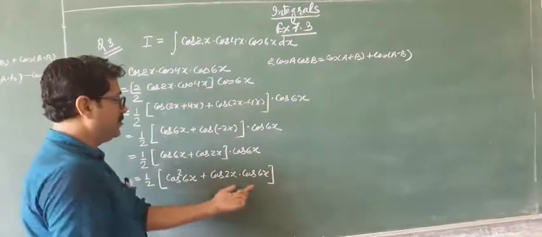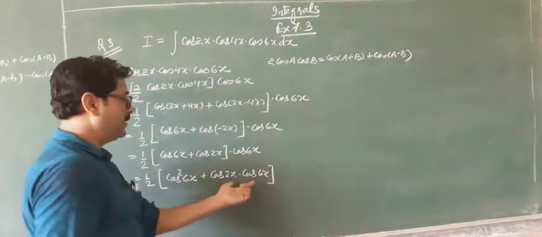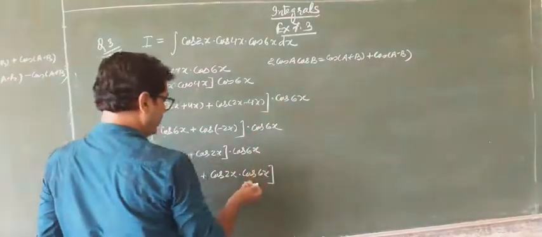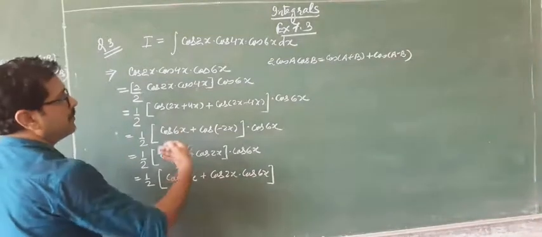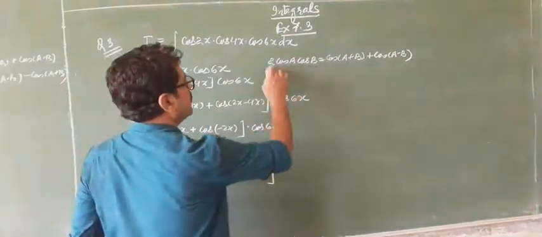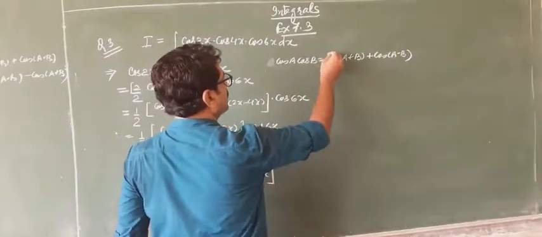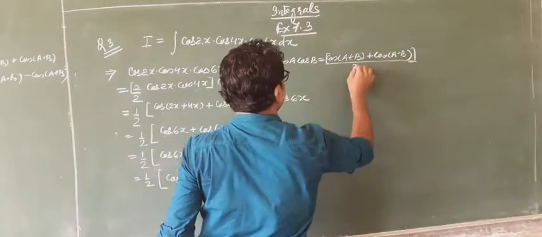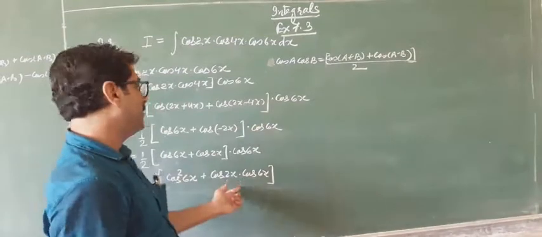So again we use 2 cos A cos B in this part. For it we multiply and divide by 2, otherwise we can take cos A cos B is equal to 1 by 2. So we can use this formula like this.